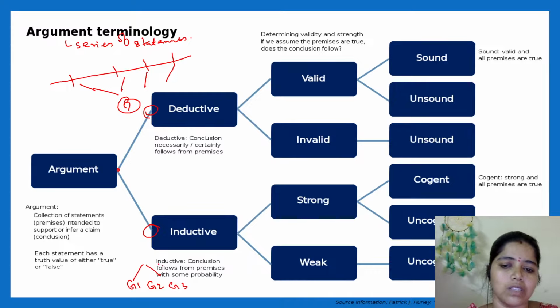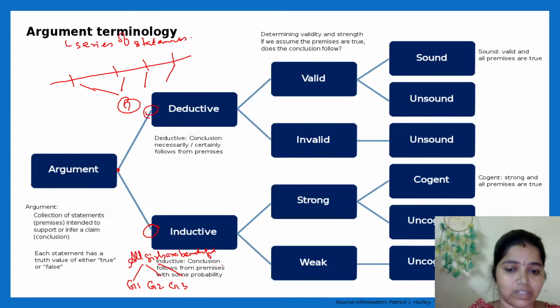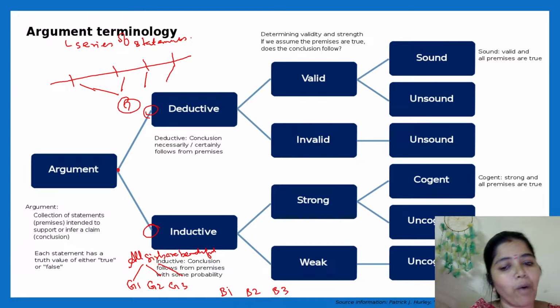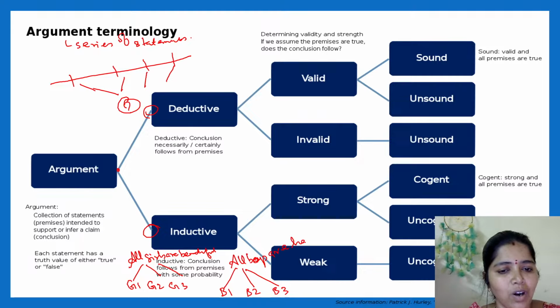So I will say all girls are beautiful. The boys will be offended, okay? So I will say it for boys also. Boy 1 is handsome, boy 2 is handsome, boy 3 is handsome. So all boys are handsome. Clear?